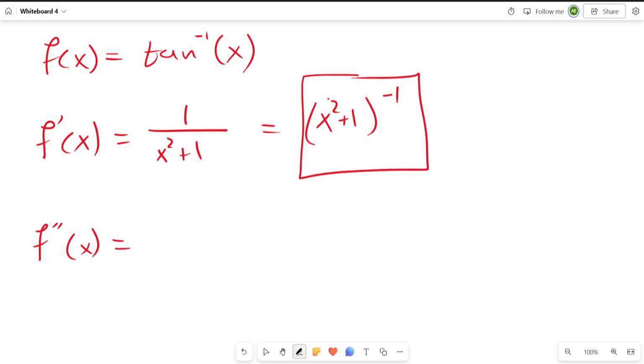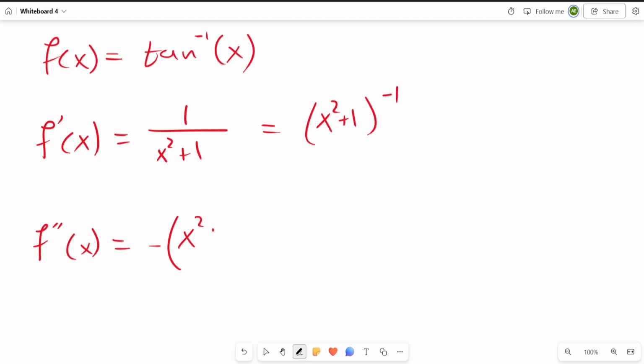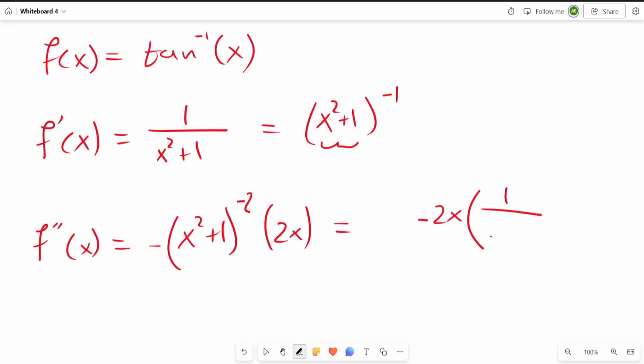The differentiation is the power times the coefficient, which is minus 1, then x squared plus 1 with the power decreased by 1, so minus 2, and then multiplying by the differentiation of what's inside, which is 2x. So this is equal to negative 2x multiplying 1 over x squared plus 1 all to the power of 2.